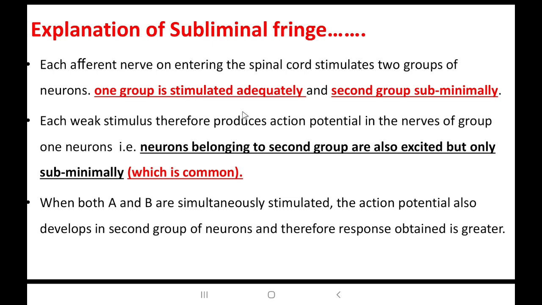So when two such nerves are stimulated collectively, these subminimal responses are added up and the collective response is more. When both A and B are stimulated simultaneously, an action potential also develops in the second neuron and therefore the response obtained is greater. This is called subliminal fringe.